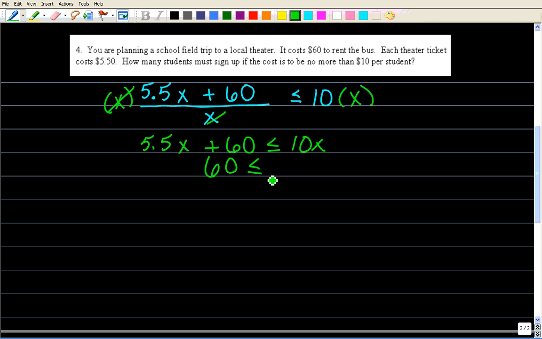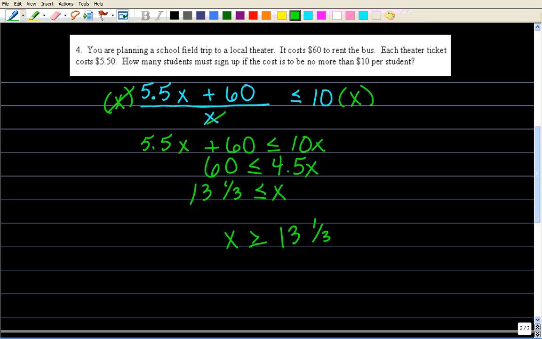Alright, so continuing on, if I subtract 5.5x from both sides, I'll have 60 is less than or equal to 4.5x. And then when I divide both sides by 4.5, I'll end up with 13 1/3. So the number of students needs to be greater than or equal to 13 1/3.